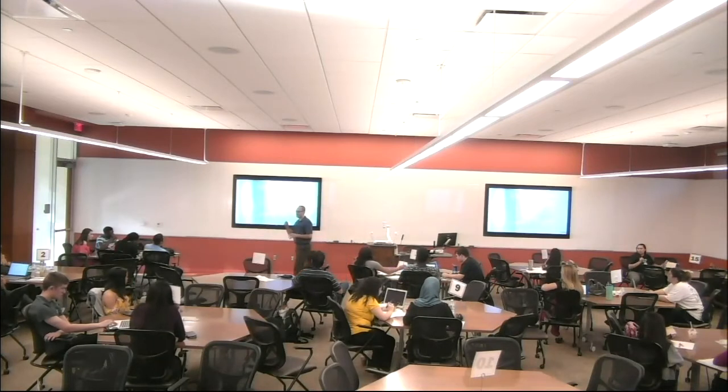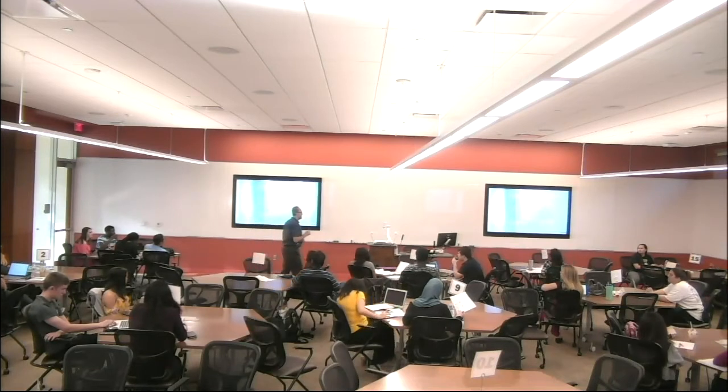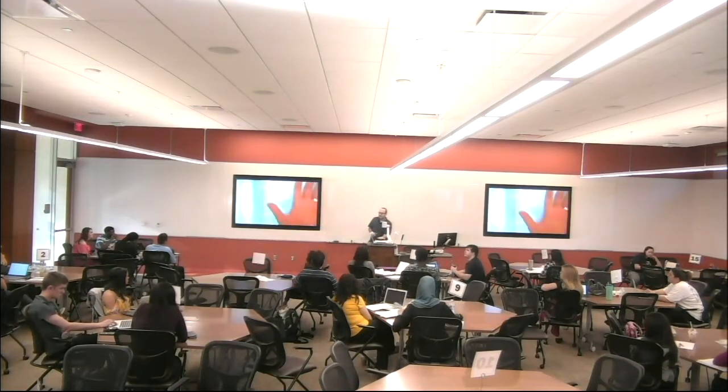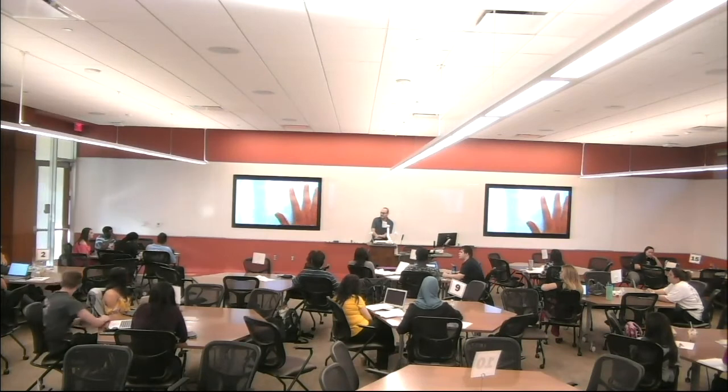Let's start with the idea first. When you have a 2D shape of a hand, it can fit the right hand or the left hand, because it does not matter. You could fit this way or that way. This is my right hand, this is my left hand.